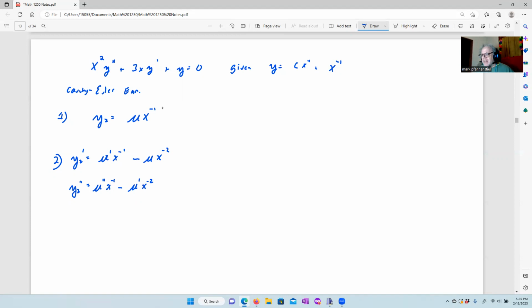The next piece is where we have to take the derivative of this part. So we're going to have a minus derivative of the first, u tick, times the second, and then the first times the derivative of the second. That's where the negative 2 came down, so we have an x to the negative 3 here. So that's my second derivative of y.